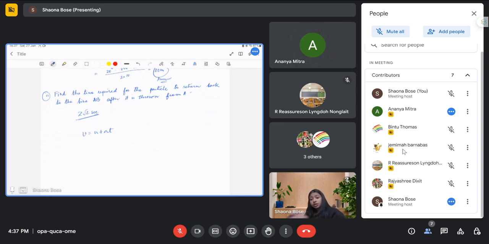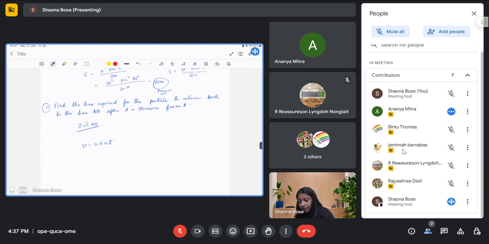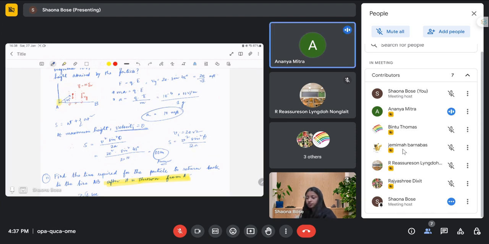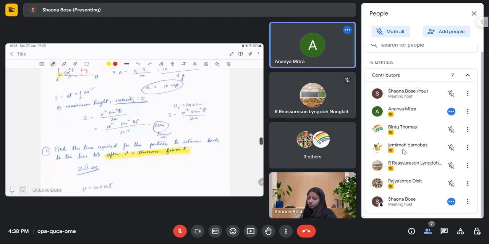You're not talking about that. The question says find the time required by the particle to return back to the line AB after it is thrown from A. So after it is thrown from here, not from here.